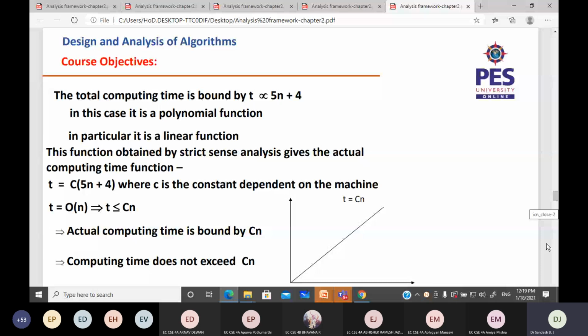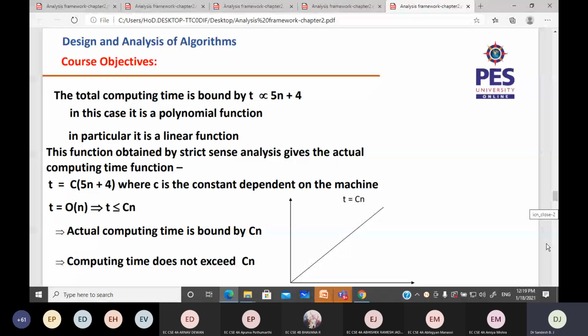For example, if you are sorting elements in a given array, then the comparison which you are doing is the most significant operation which will contribute most of the running time. So we should be able to find such statements which will be in the innermost loop in an algorithm.